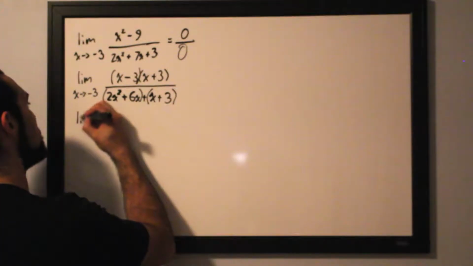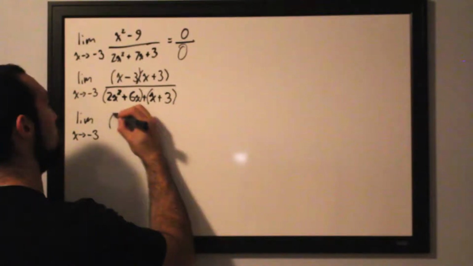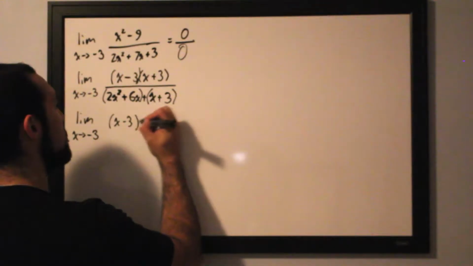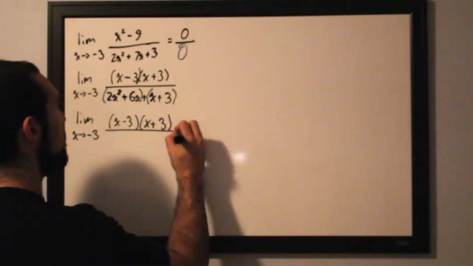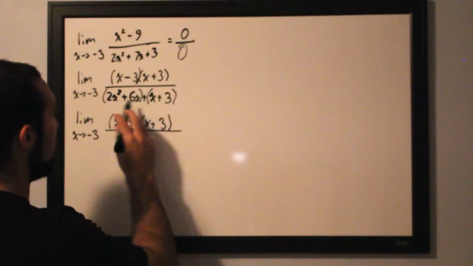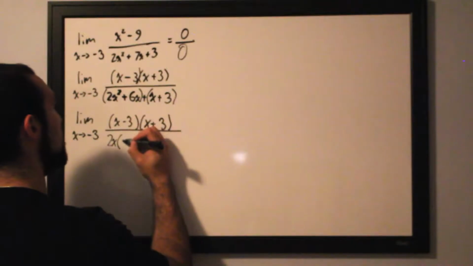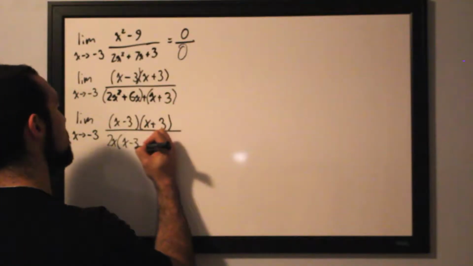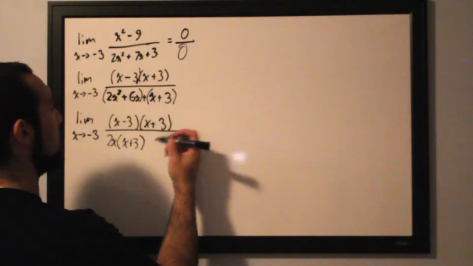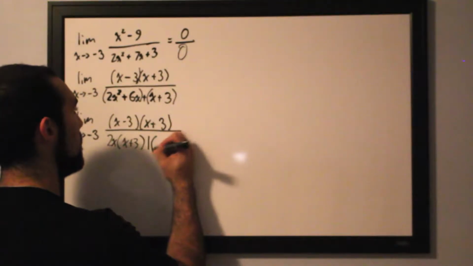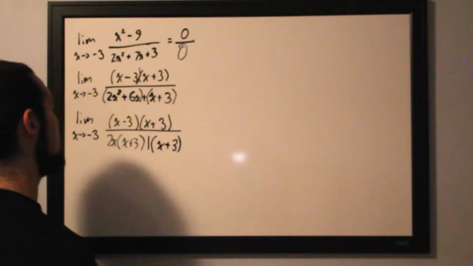We're going to rewrite this as the limit as x approaches -3 for x minus 3 multiplied by x plus 3 in the numerator. And here we can factor out a common 2x, and it's going to leave us with an x minus 3, an x plus 3. And here we don't need to factor anything out. We can just leave this as a 1, and this is going to leave us with another x plus 3.